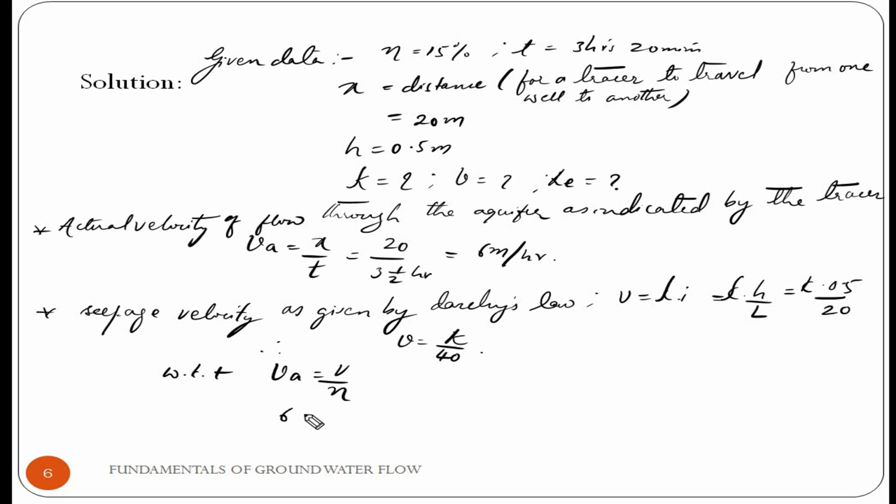Va we have just calculated as 6, and V is K divided by 40 into 0.15. Therefore, K is equal to 36 meter per hour, which is also 864 meter per day.